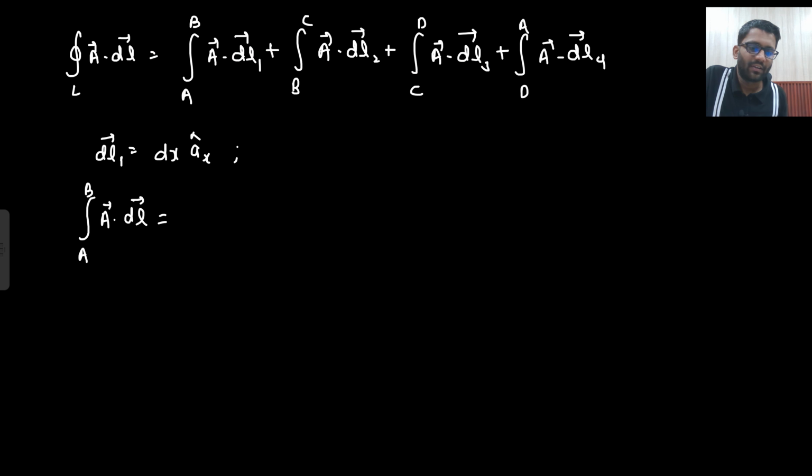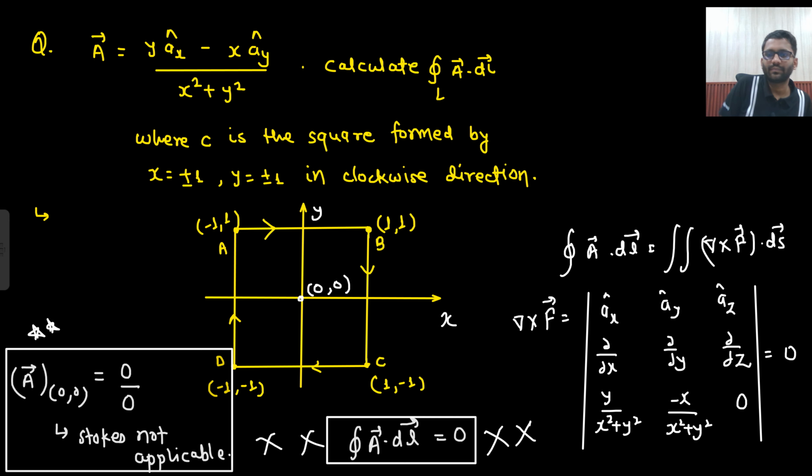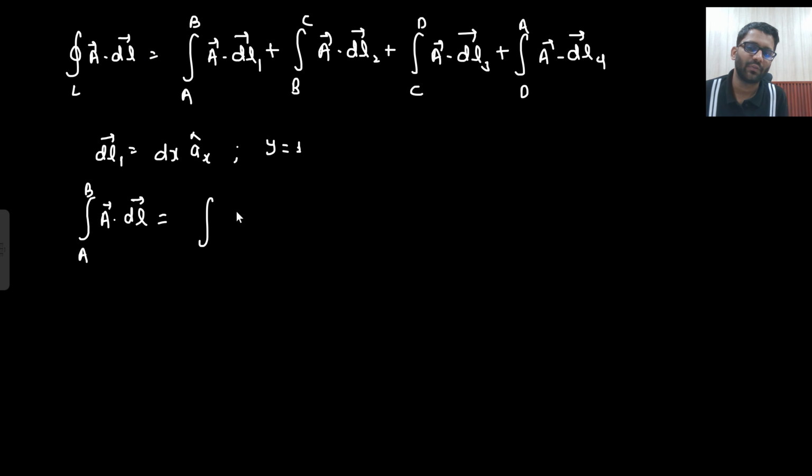Y is fixed at 1. So y upon x square plus y square into dx, and y is fixed at 1, so 1 upon x square plus 1 into dx.